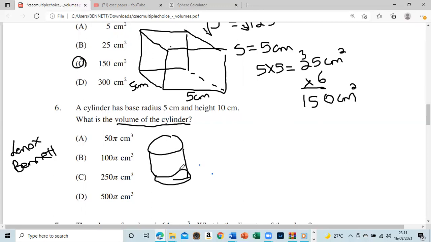So the radius is 5. We find the area of the circle, which is pi r squared. So it's pi r squared h, times the height, right? But they don't work out the pi. So we could just carry this to be 20. I'll show you. So the 5 squared times 10.